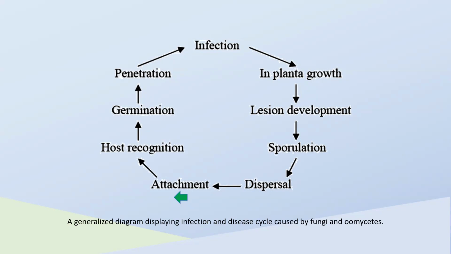After that, the pathogen will grow in the plant and develop a lesion, which we also know as a symptom. So symptom appearance is almost late in this disease cycle. The disease cycle is almost finished.